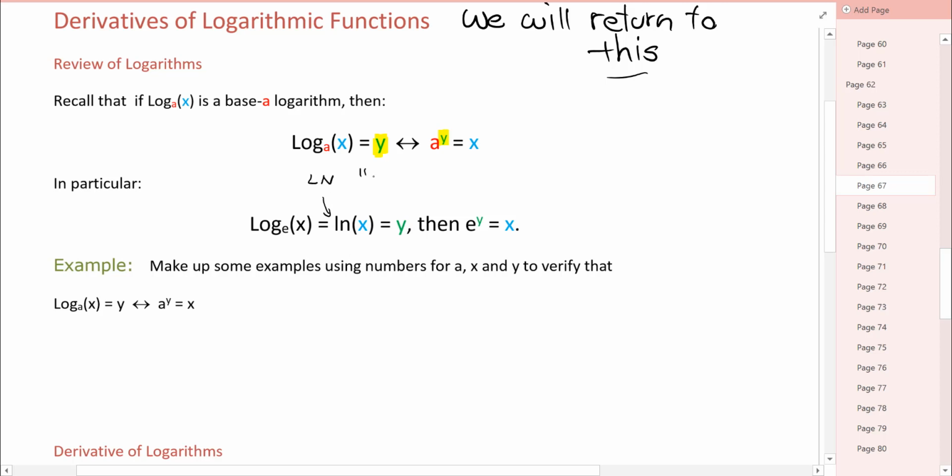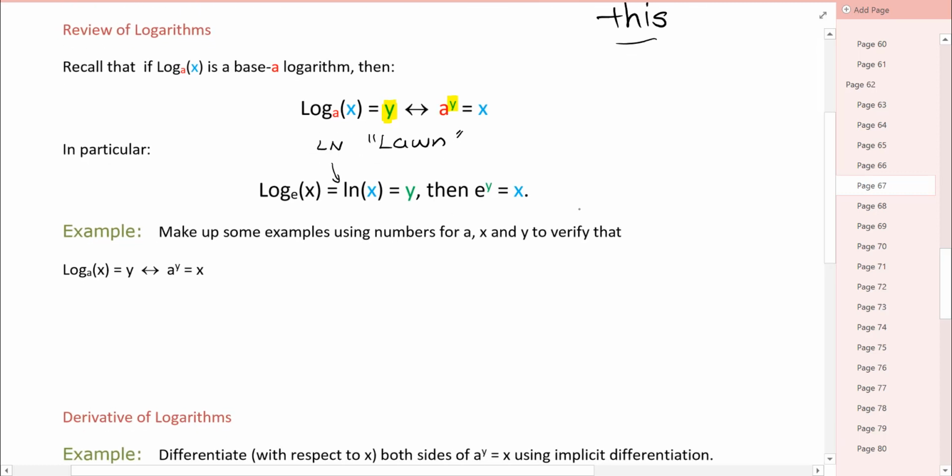Well, that's base e. So if ln x equals y, that means e to the y equals x. Okay, so this is called the exponential form. And the other one is the logarithmic form. But they're saying the same thing.